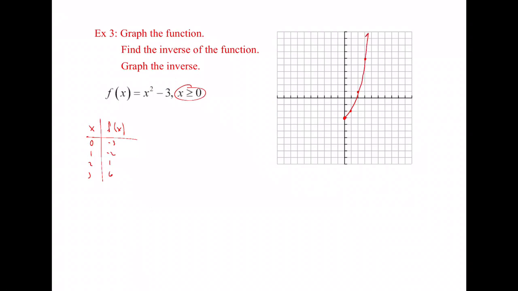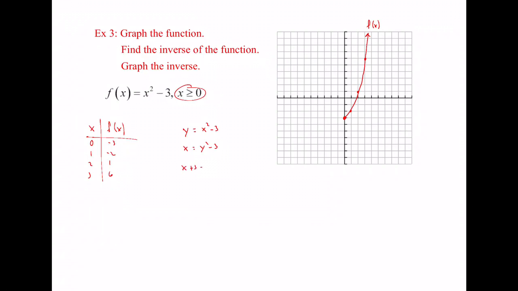So we'll graph the function, and since we're going to graph two things on one graph, we want to identify that this is the f of x function. We want to find the inverse of the function. So to find the inverse, we say y is equal to x squared minus 3. We interchange the x's and y's. That's your domain and range, and now we're going to solve for y.